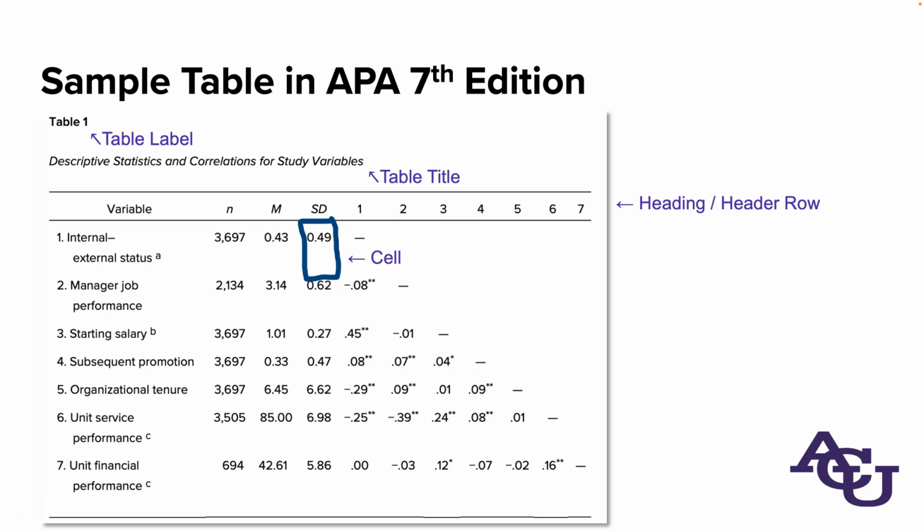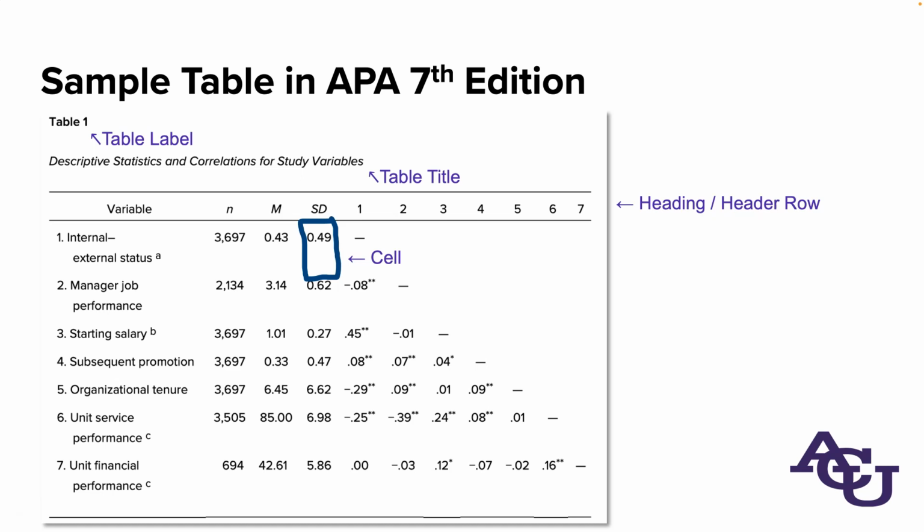Now, besides having that label with a number, we also have a descriptive title. In this case, it's descriptive statistics and correlations for study variables. You can see that that is in italics. Then we have a heading row, and in this case, we do have a column where we are listing out what all the data is by labeling each variable, and they happen to be numbered for convenience here.